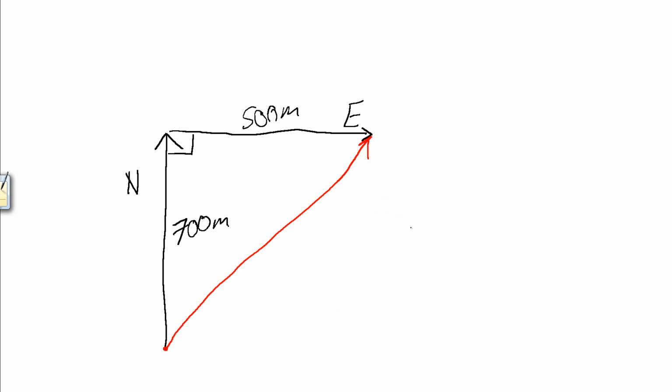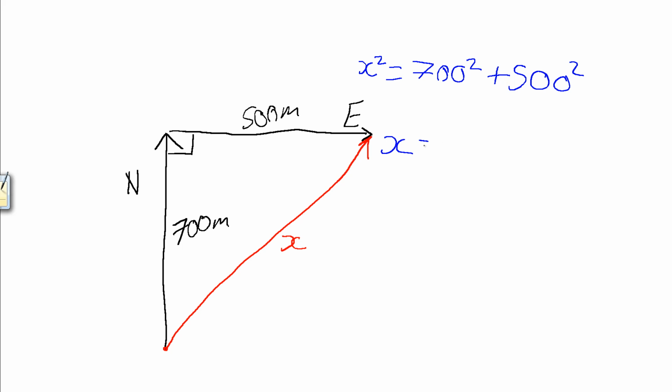So in this case, that means if I label this side x, then in order to find the side x, so the length of our vector, and then we'll come on to the direction later, x squared is equal to 700 squared plus 500 squared.